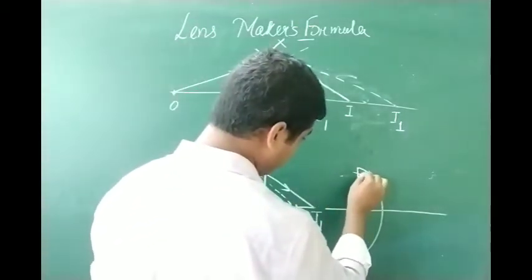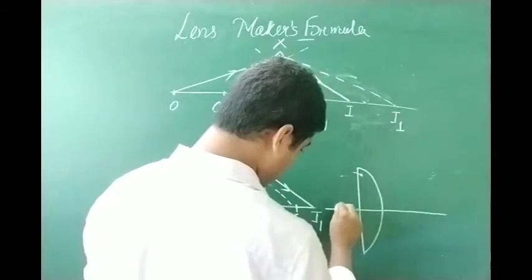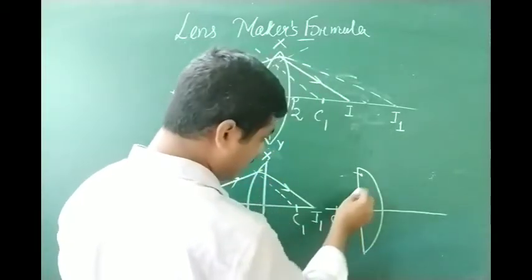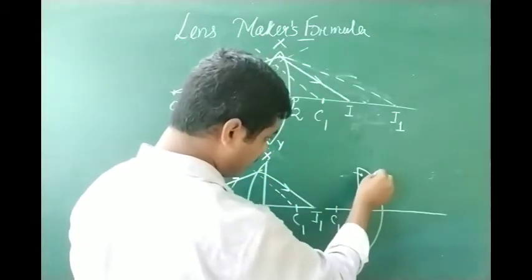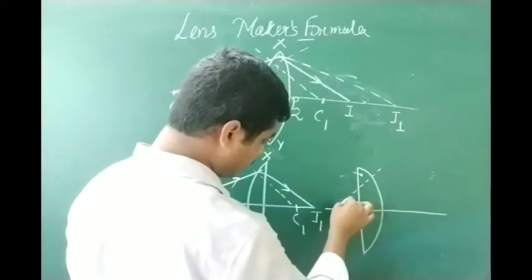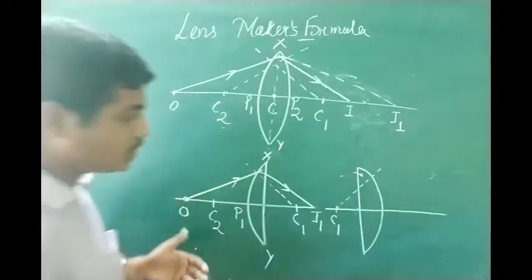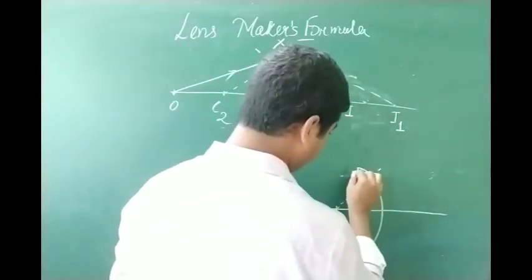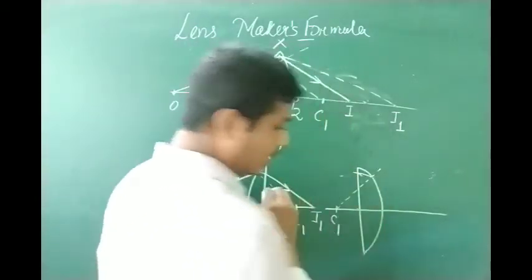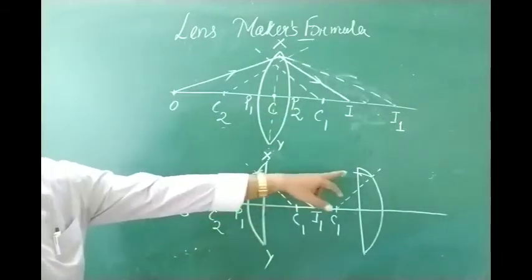suppose this is a ray, we consider this is a center of curvature C1. I'll be drawing a normal from here. This is a normal. So when the point object, if you consider the light ray, this is the object inside the lens.